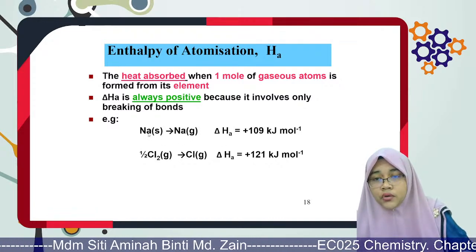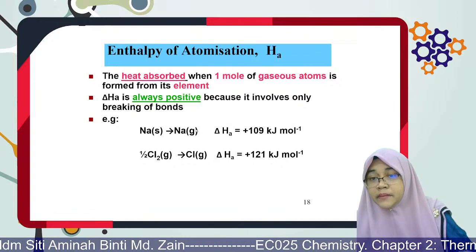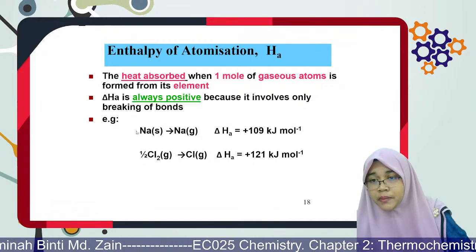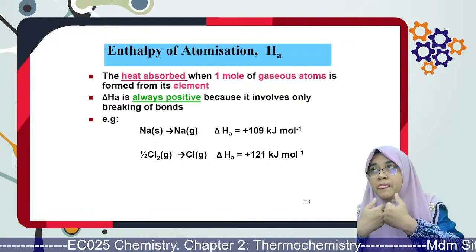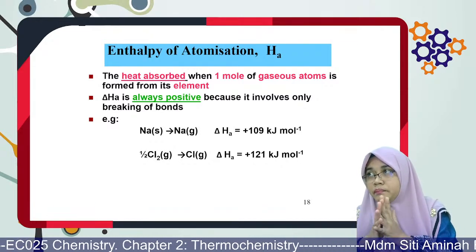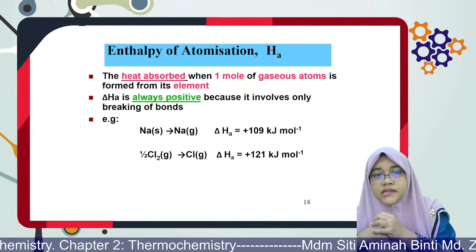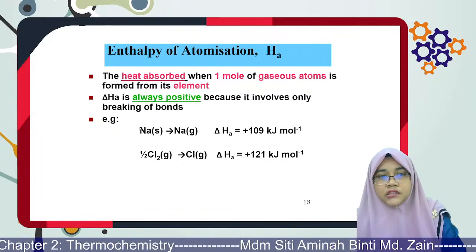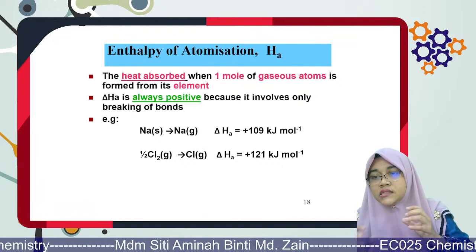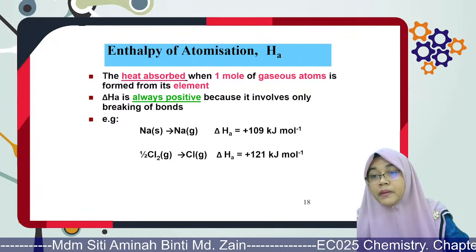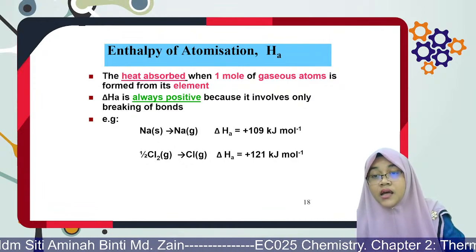So in order for solid sodium to form a sodium atom, this solid particle must be broken and torn apart, so that the particles, which are close together, will have a distance between them, so that it exists as a gas.